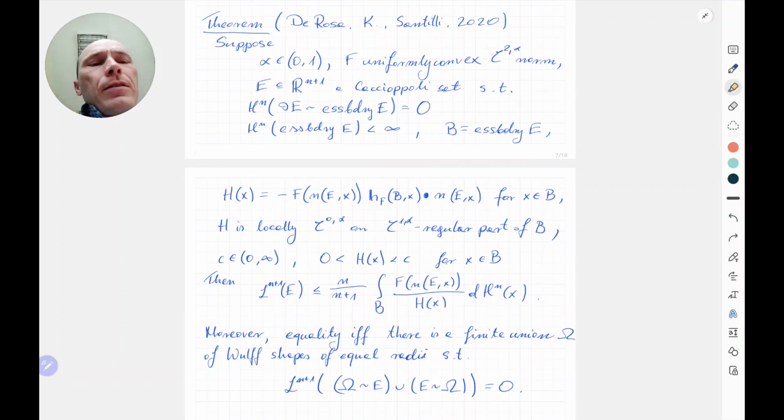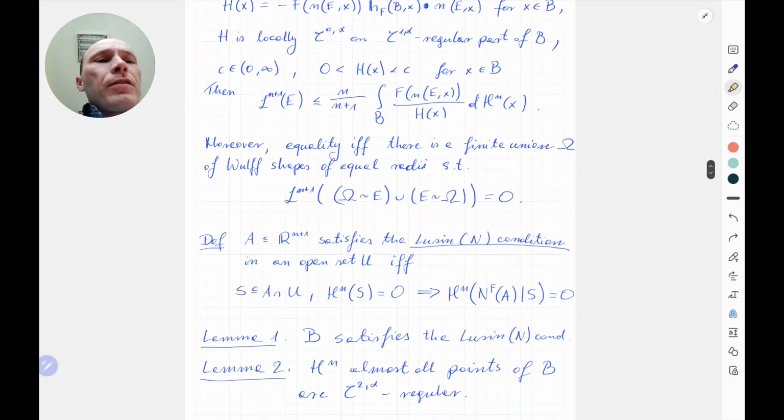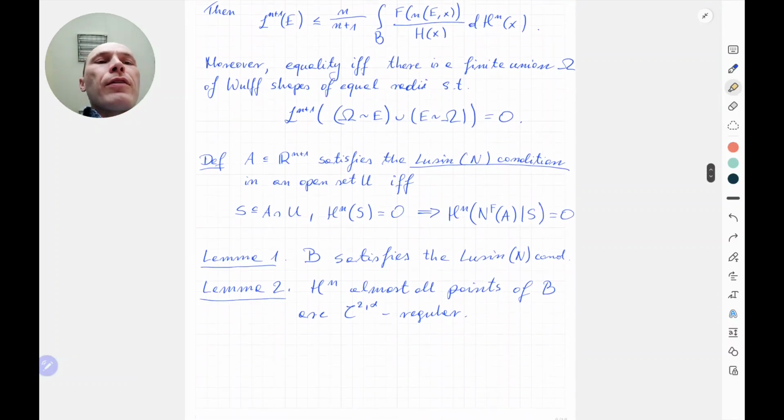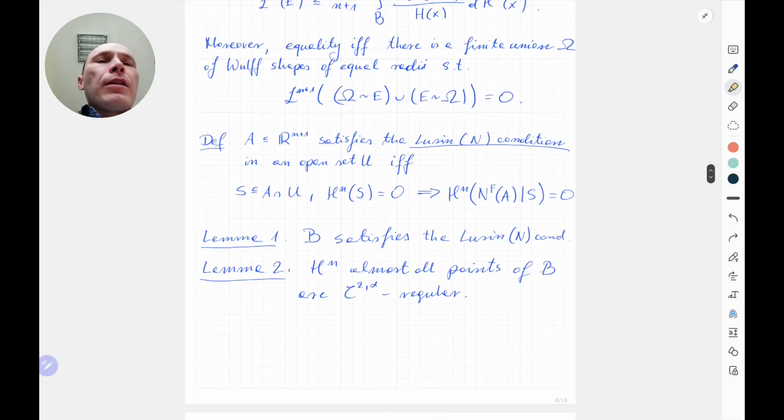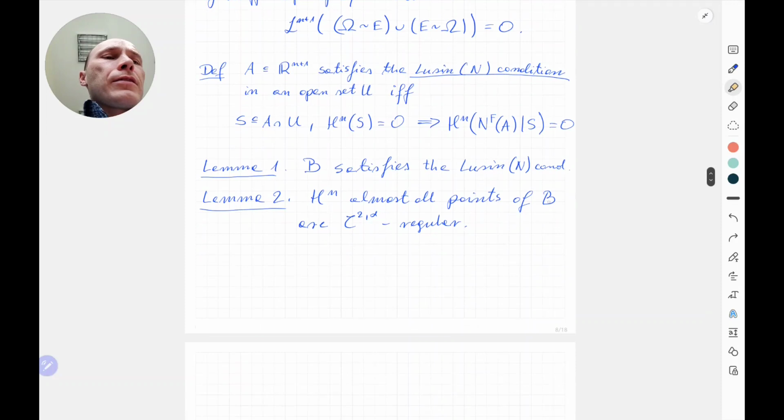So using the Lusin N condition, we derive that the image of zeta covers almost all of E, and then on all C^{2,alpha} parts of B, we can use the same argument as before to prove that they are totally umbilical. So now we know that B consists of, maybe, countably many pieces of boundaries of Wulff shapes, right?